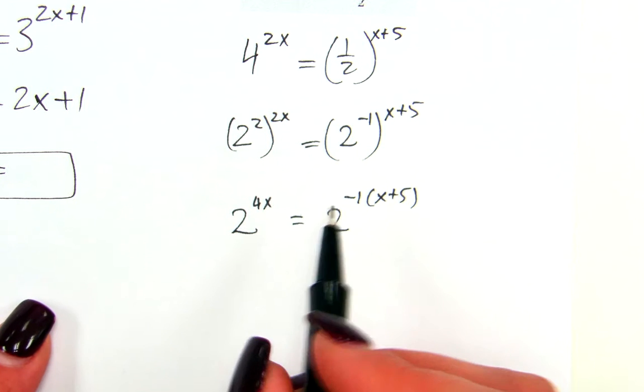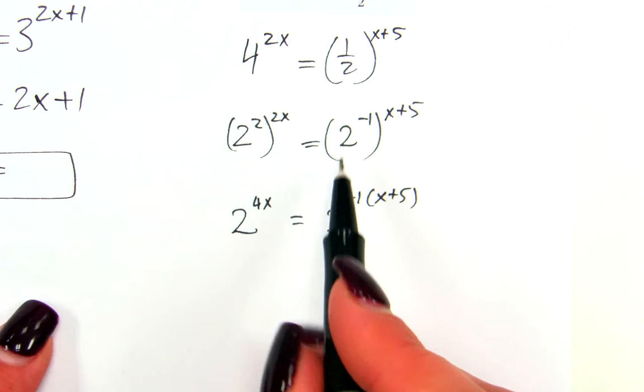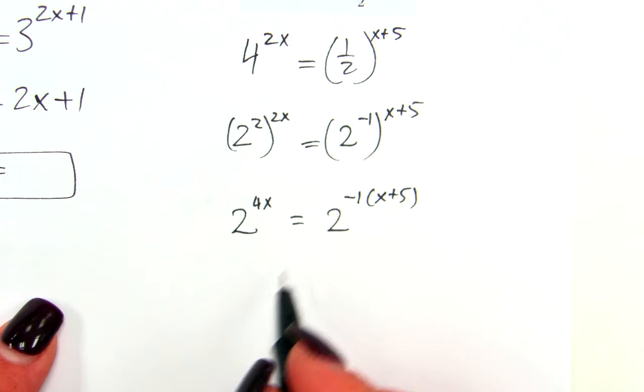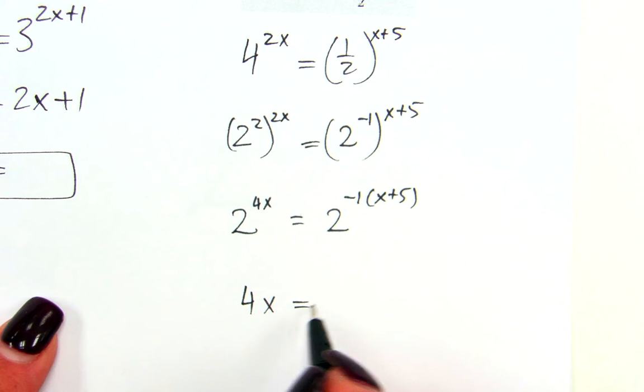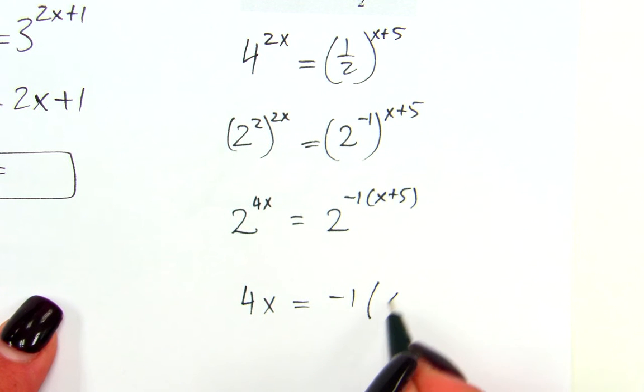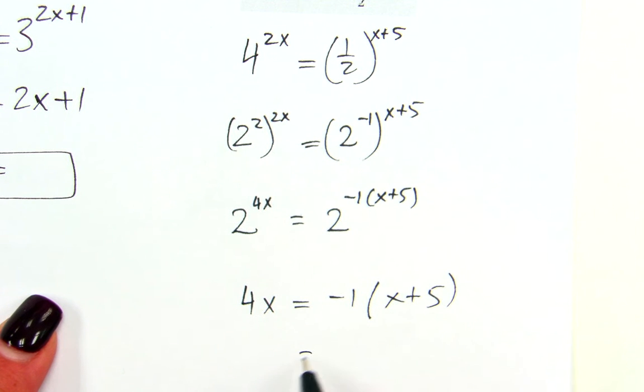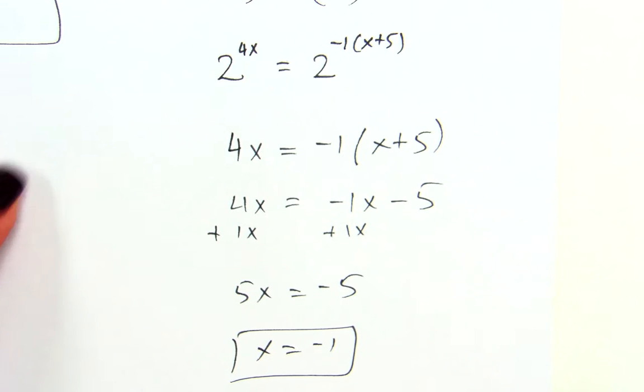So now we have 4x is equal to negative 1 multiplied by x plus 5. We're going to distribute the negative 1, and it becomes 4x equals negative x minus 5. Add 1x to both sides, and then we get 5x is equal to negative 5, so x has to be equal to negative 1.